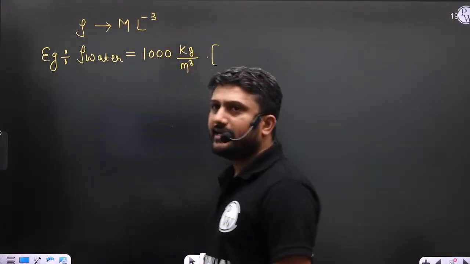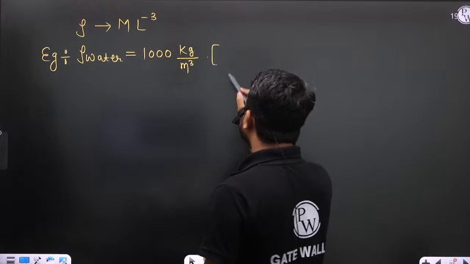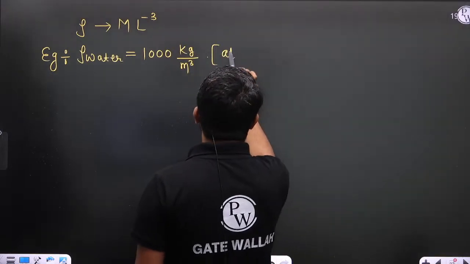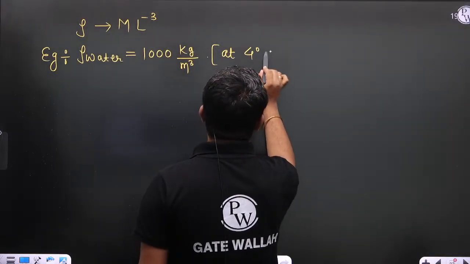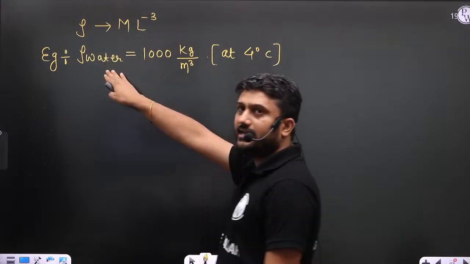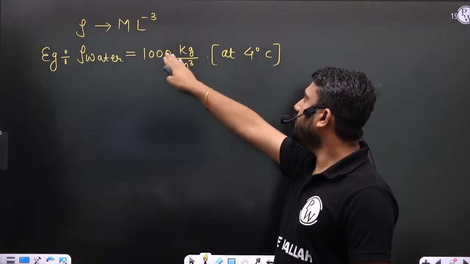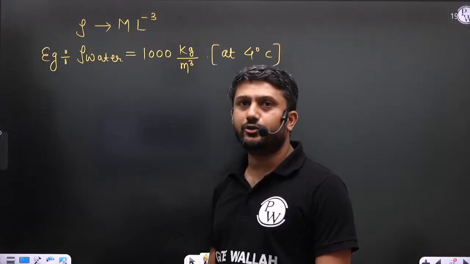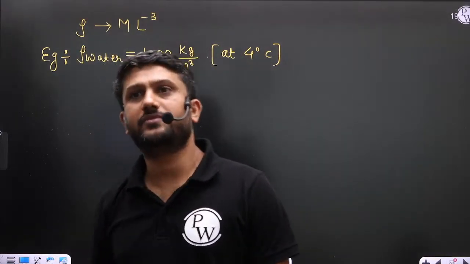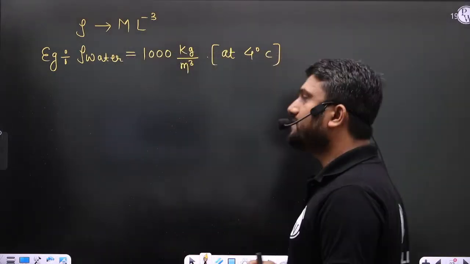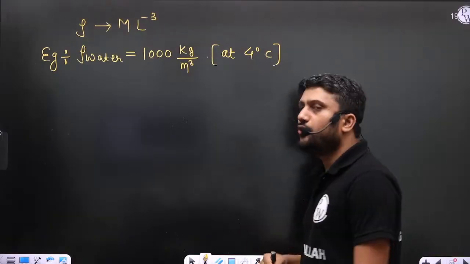The maximum density of the water occurs at 4 degrees Celsius. Whenever you write the density of water as 1000 kg per meter cube, this is the maximum density.